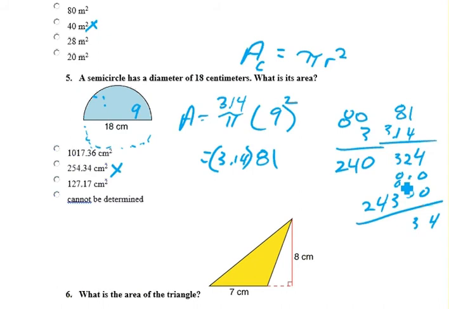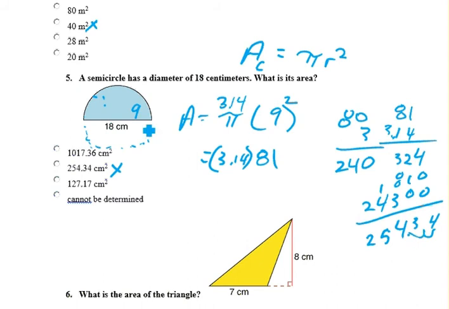And 3 is 14. Carry a 1. 1 and 4 is 5. 2. Now we got to move it over 2 decimal spots because there's 2 spots here. So 1, 2. Yeah, 254.34. Okay, we got it right.